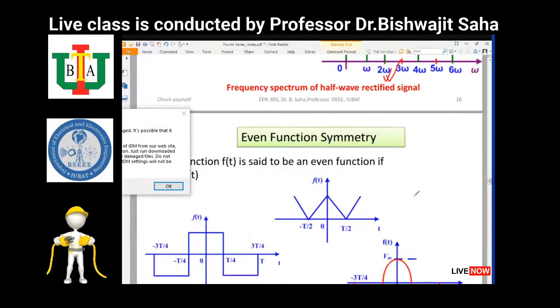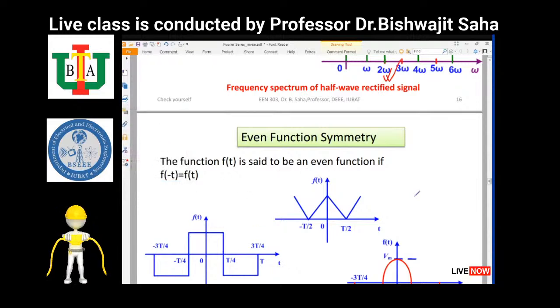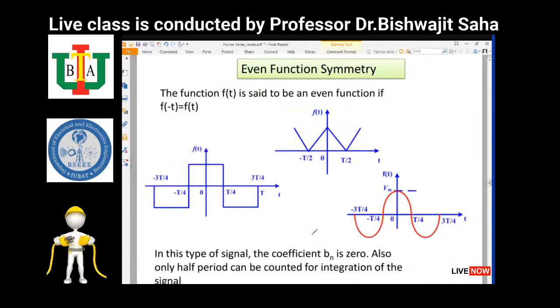Now, as I mentioned a few minutes back, there are some shortcut techniques, and that technique is based on the signal pattern. So now we'll discuss that signal pattern, shown here in this slide. But before going to discuss the slide, I can tell you the title of this slide is Even Function Symmetry.